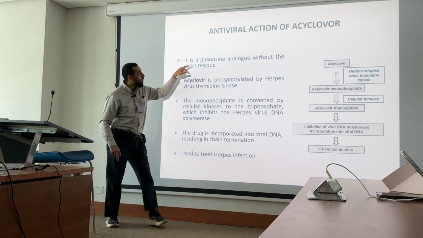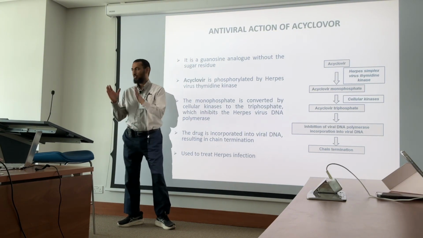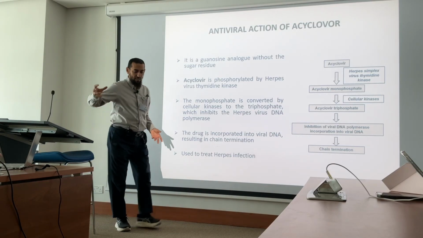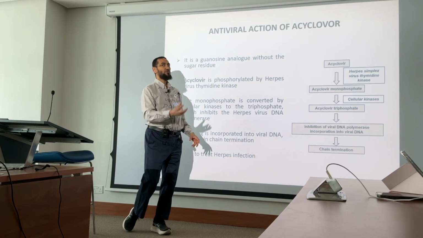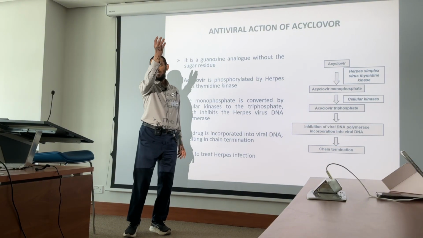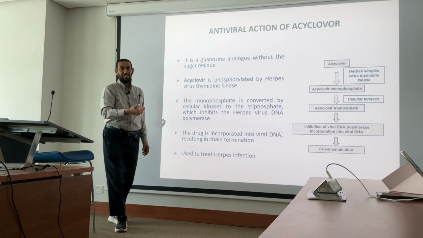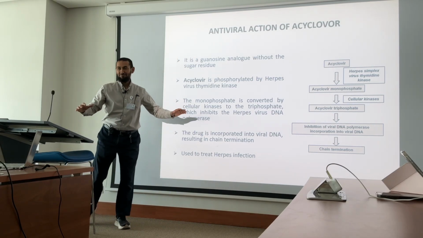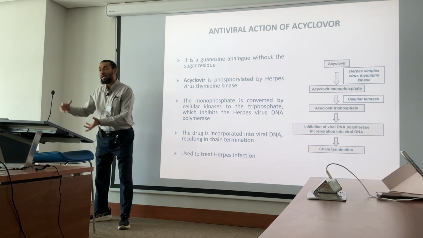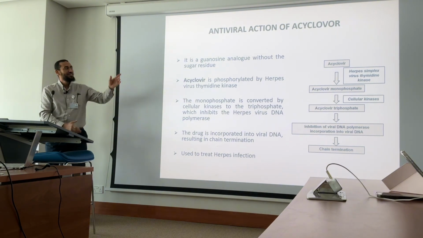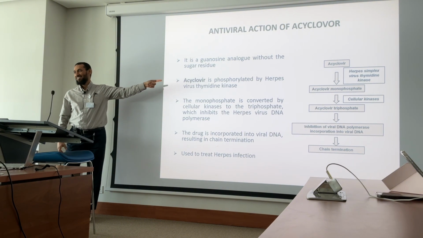Acyclovir is a guanosine analog. The polymerase will take this acyclovir, which is very similar to guanosine, thinking that it is guanosine, and will attach it to the newly synthesized strand. Then after this step, the process stops. The polymerase will not be able to attach anything after that. So you stop the replication of this virus.